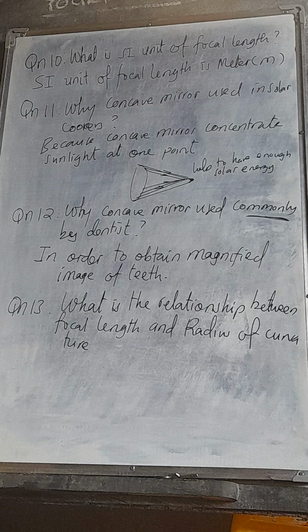Now, the relationship between the radius of curvature and the focal length. We normally know that focal length is half the radius of curvature. There is no doubt on that.